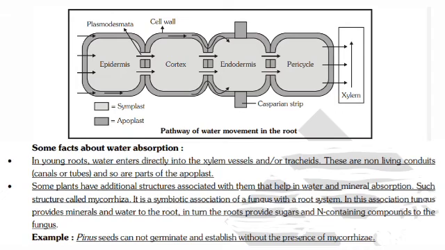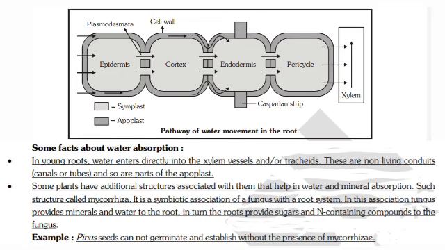In apoplast pathway, water moves from one place to another through cell walls. Living system is involved in symplast pathway, but no living system is involved in apoplast pathway. Let's check the diagrammatic representation of pathway of water movement in the root.